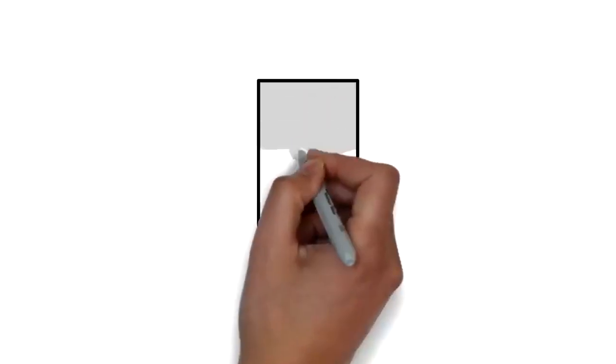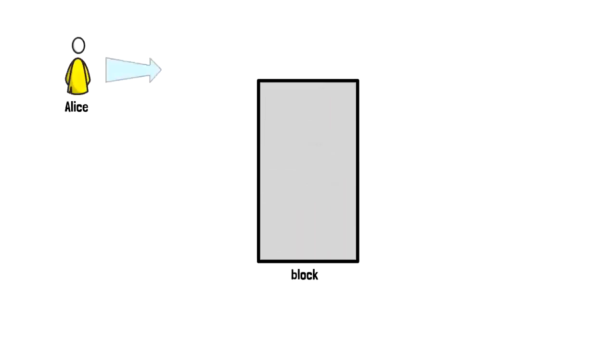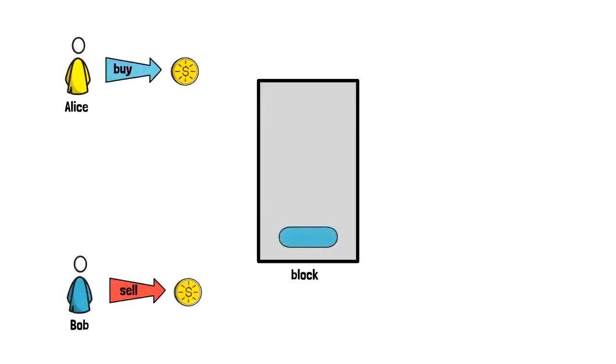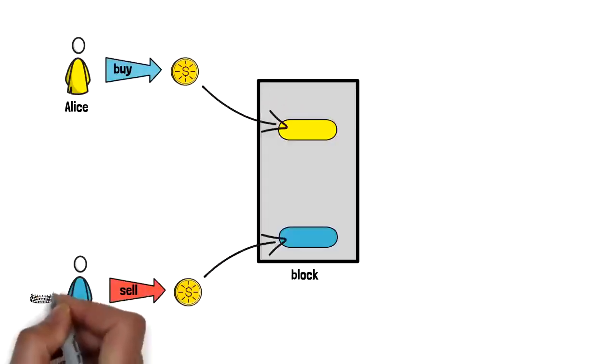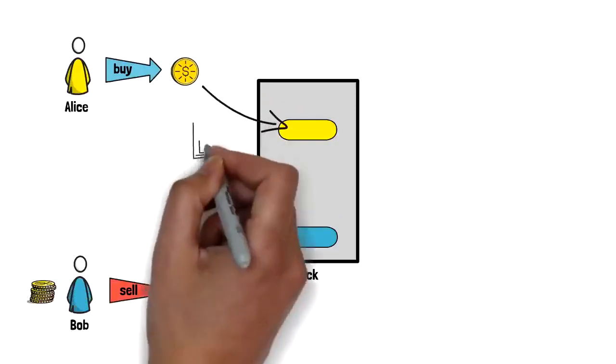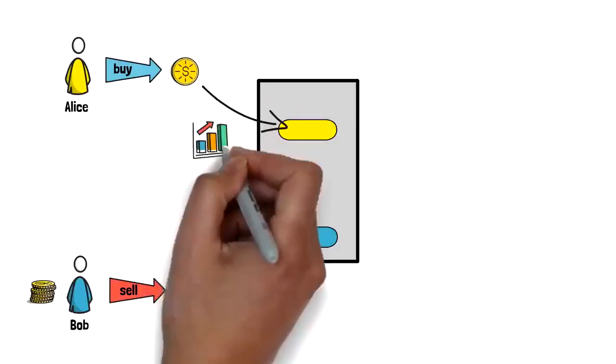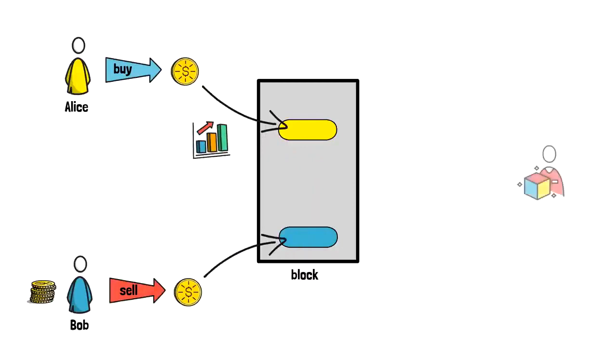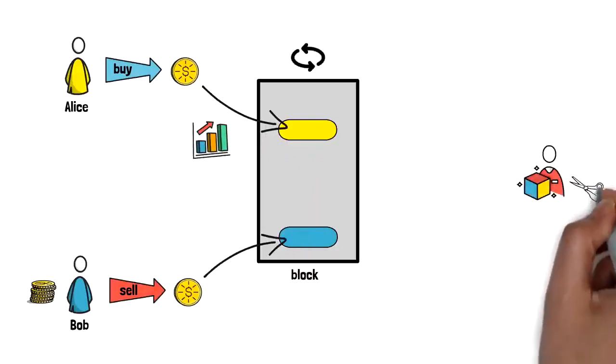Imagine this scenario. Alice purchases a large amount of a specific token. Following her, Bob opts to sell the same token. If Bob's transaction is processed after Alice's, he capitalizes on a better sale price due to the increased demand Alice's purchase creates. Spotting such opportunities, a block proposer might rearrange the order of transactions to benefit and take a cut.